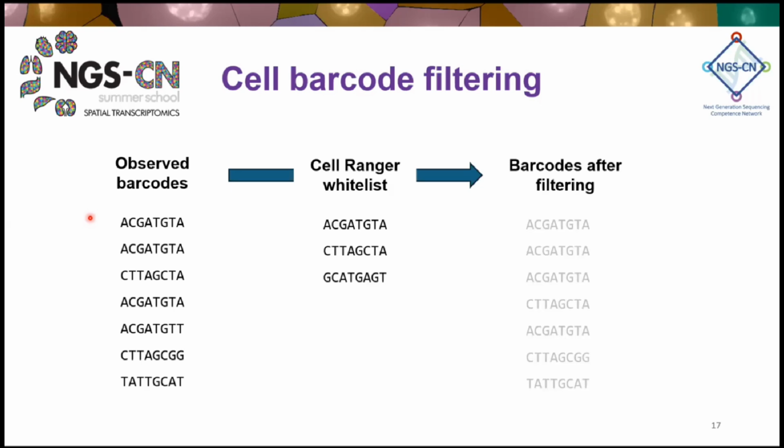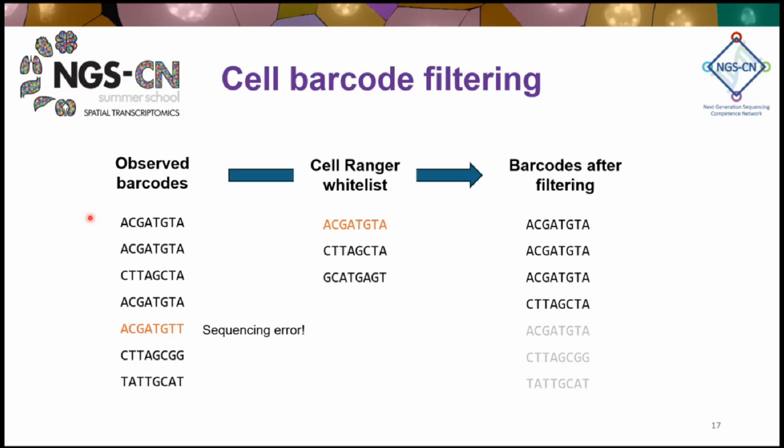So for example, when we check the first 3 reads, we can see that they match the whitelist, right? So we can include them in the further analysis. The same is true for the next read, right? We can see that it is in the whitelist, and we add it as well to the reads that we process further. Now, what if we have a read that has a 1 base pair difference?